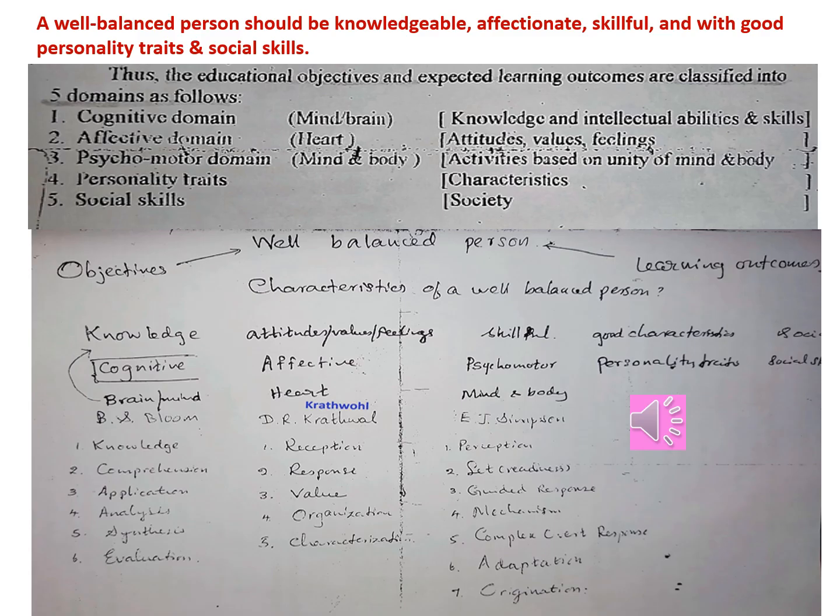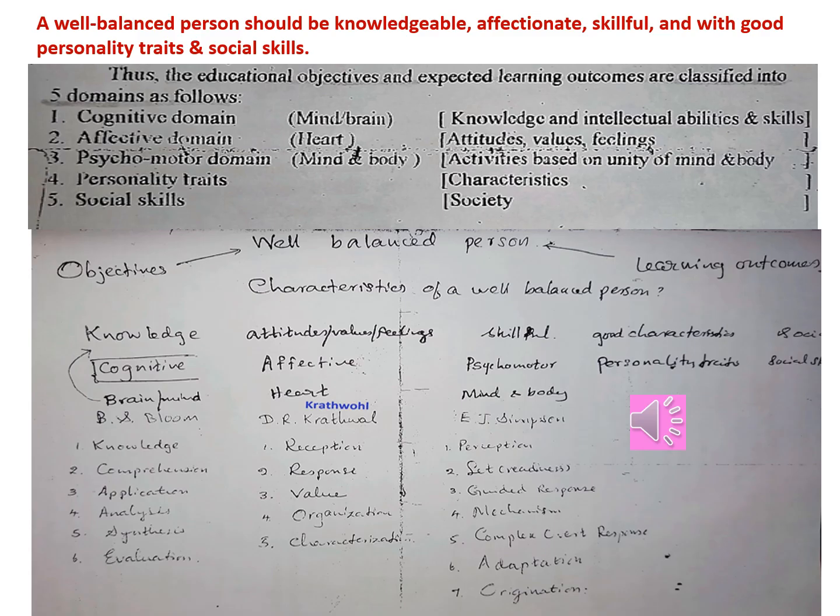It deals with heart, right? The emotions. Here within brackets you can see the attitudes, values, feelings, emotions, beliefs. Write them down. They deal with the heart, affective domain. Not affectionate domain, right? Affective domain.